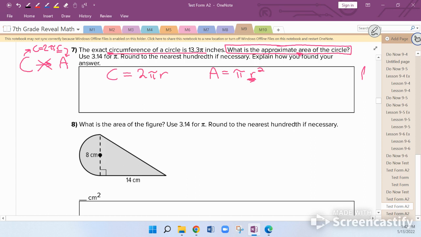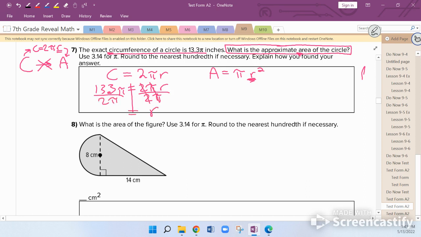And I have to zip this up quick. So I'm going to substitute in 13.3 pi equals 2 pi R. I'm going to divide by 2 pi, divide by 2 pi.